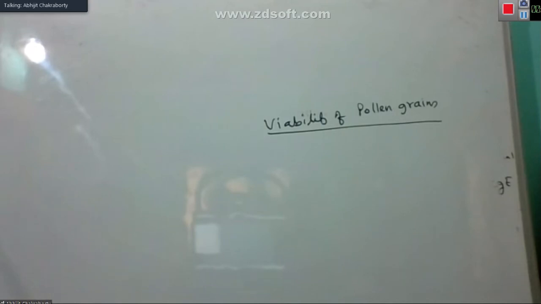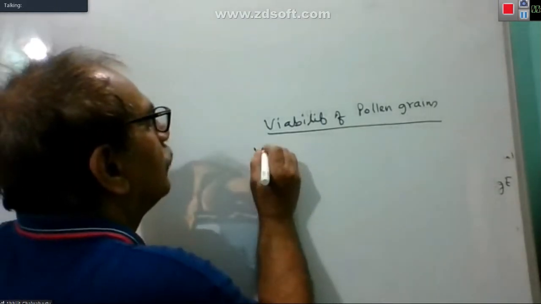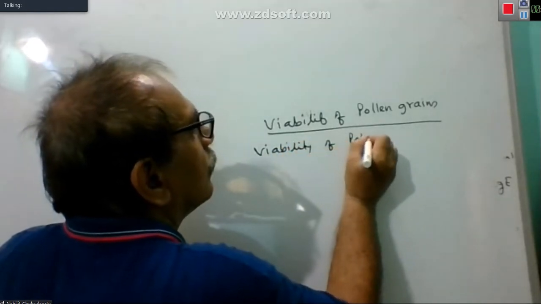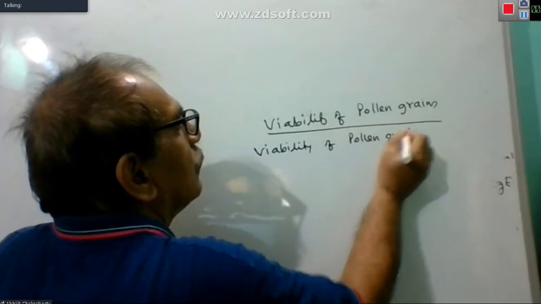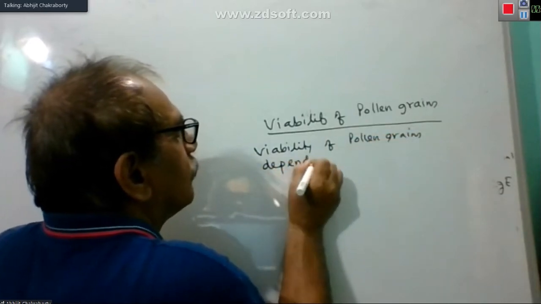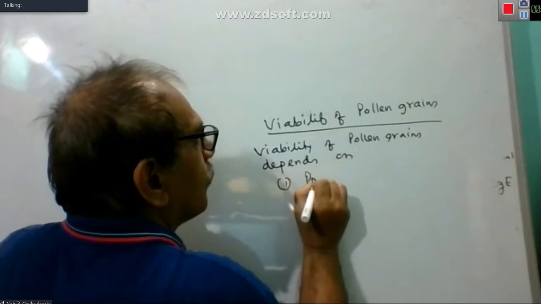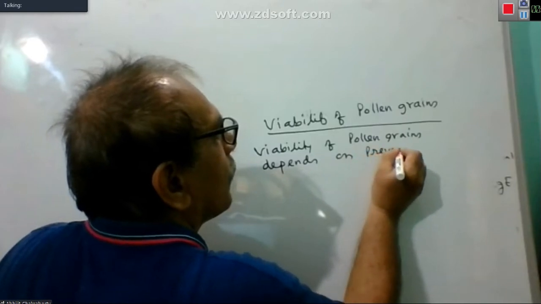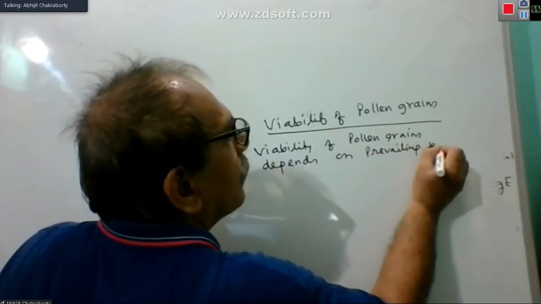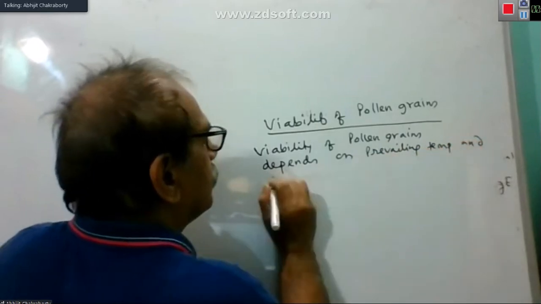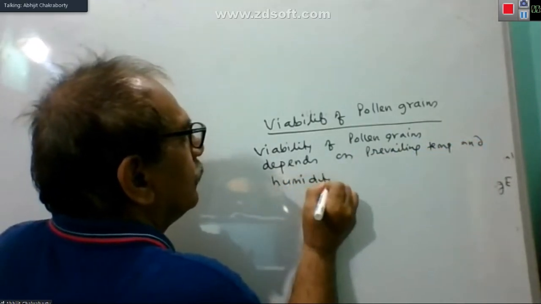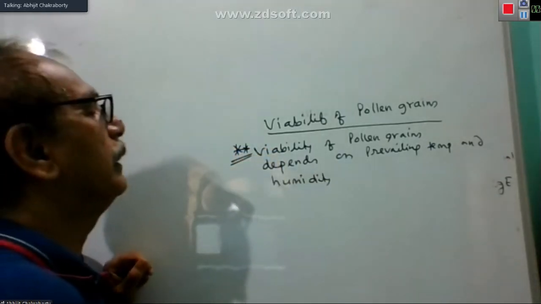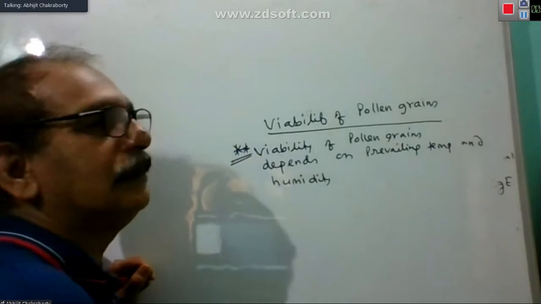Generally, it depends on prevailing temperature and humidity. Viability of pollen grains depends on prevailing temperature and humidity.